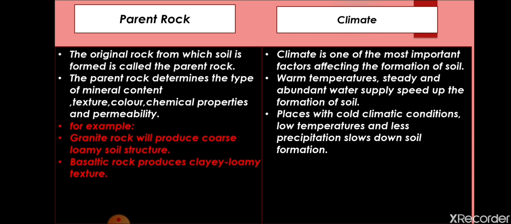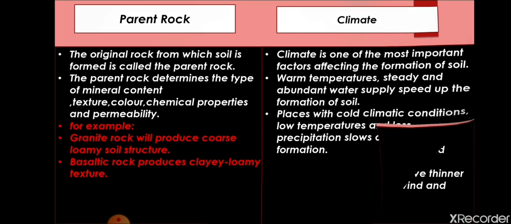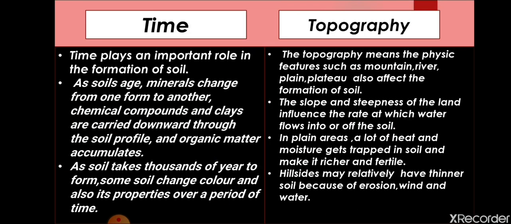High temperatures, heavy rainfall and severe winds help in the breaking up of rock. But at places having a cold climate, the formation of the soil will be at a slower pace.